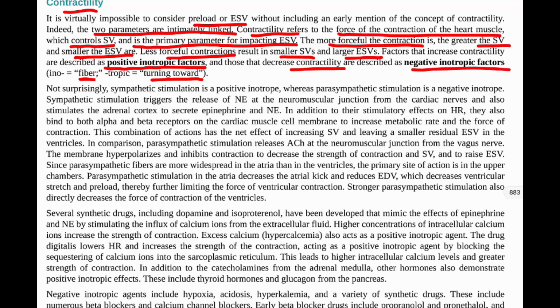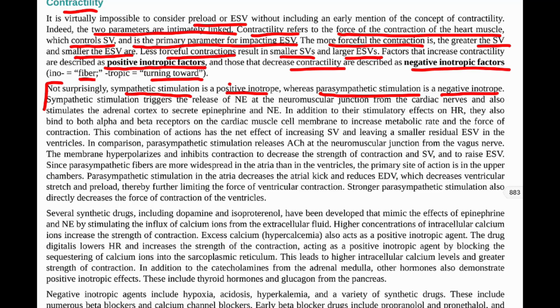So this paragraph kind of just summarizes some of the things we already spoke about. Sympathetic stimulation is a positive inotrope, right? Remember, sympathetic stimulation increases heart rate, so it's going to be positive, which is also going to increase the strength of contraction. Whereas parasympathetic stimulation, remember, decreased heart rate, it's a negative inotrope, so it's also part of decreasing our contraction.